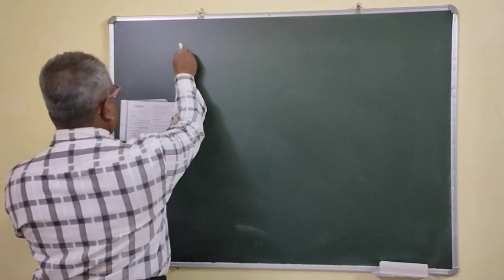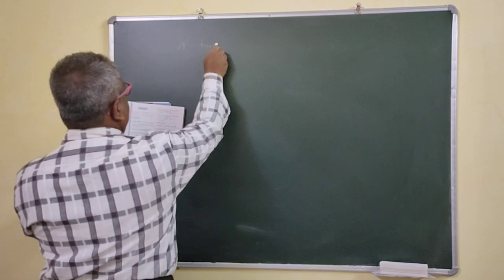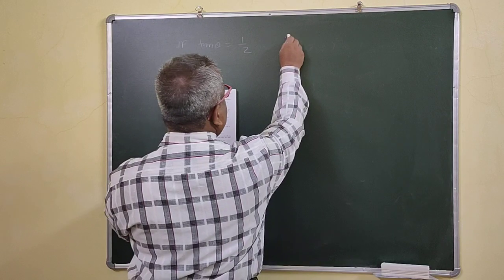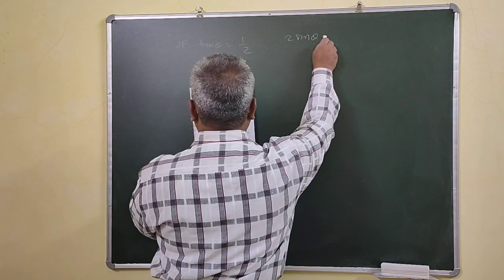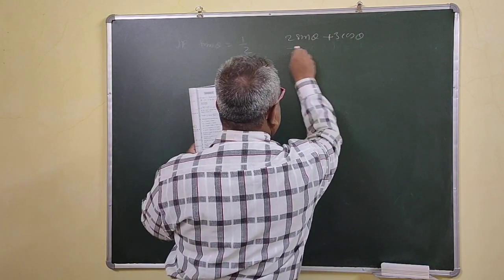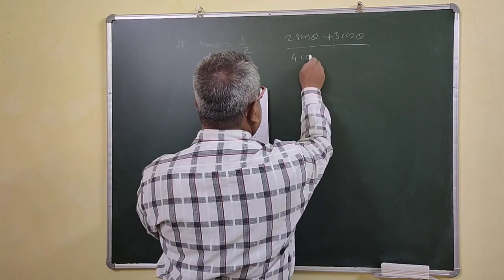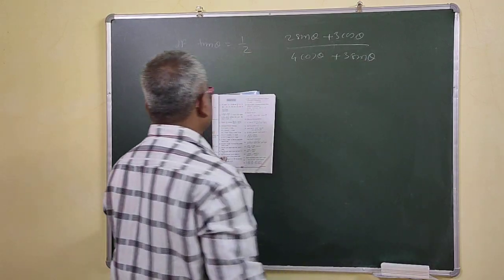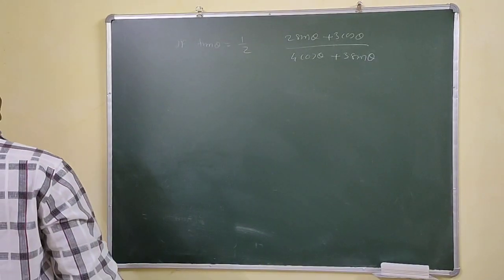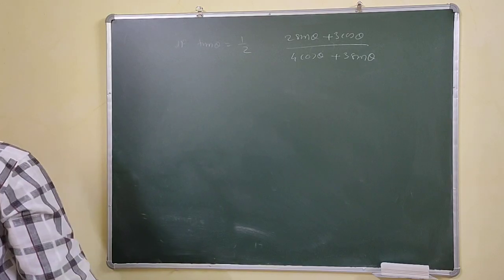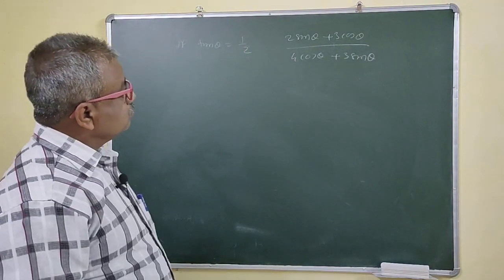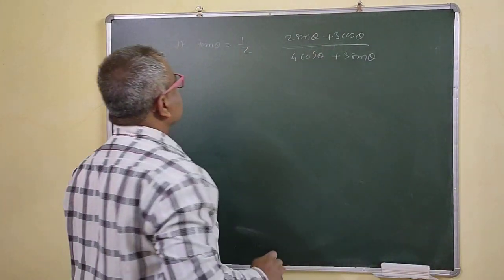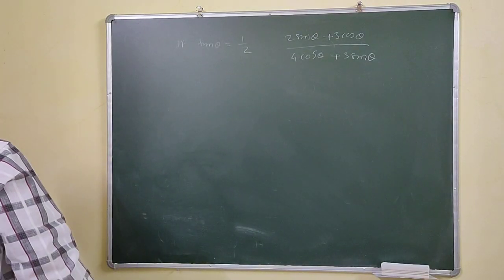If tan theta is equal to half, evaluate 2 sin theta plus 3 cos theta upon 4 cos theta plus 3 sin theta.